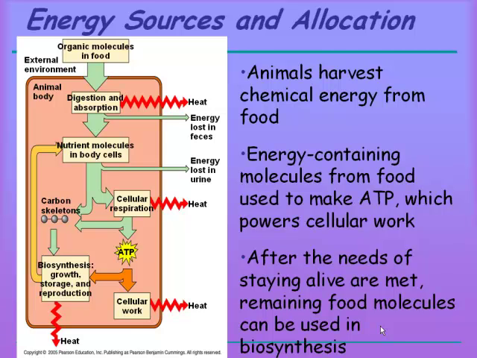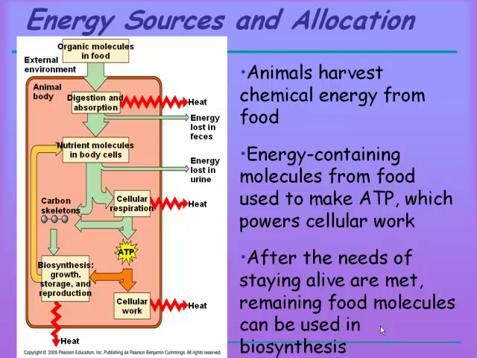Okay, so energy-containing molecules from food make ATP, which powers cellular work. We need ATP. So after the needs of staying alive are met, the remaining food molecules can be used for biosynthesis, growth, etc. So organic molecules in food are broken down, digested, and absorbed, and heat is given off.